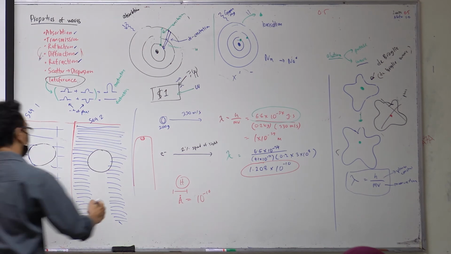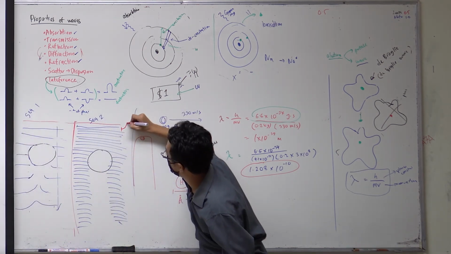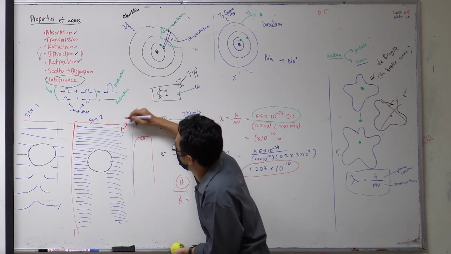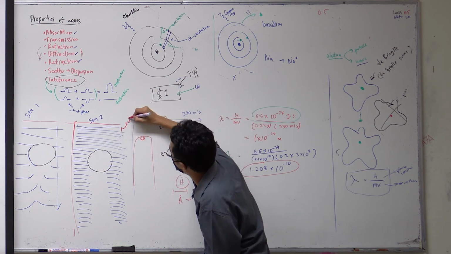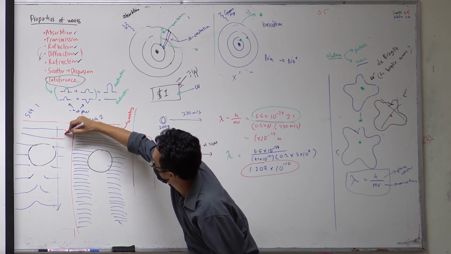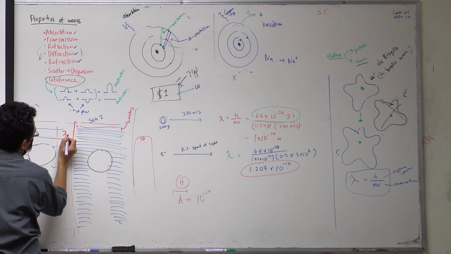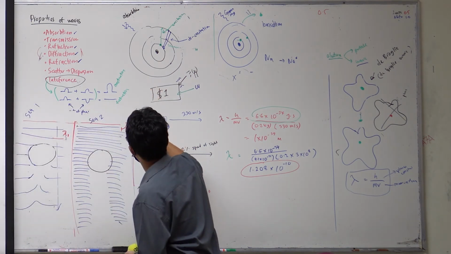So this is what we call the wavelength. It's actually wavelength lah, because we see the ripple. This is also wavelength lah, but this wavelength is bigger. This is wavelength 1. This is wavelength 2.